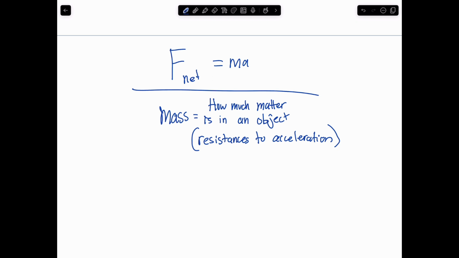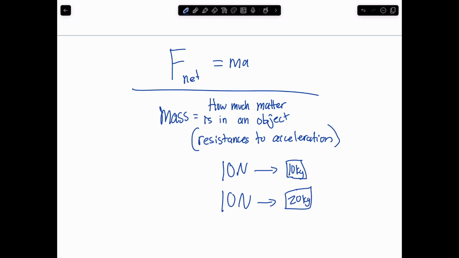Since mass is resistance to acceleration, you can imagine that the higher the mass is, the harder it is to accelerate. For example, let's say I push a block with 10 newtons of force, and that's 10 kilograms. And I push another box that's 20 kilograms, also with 10 newtons of force.